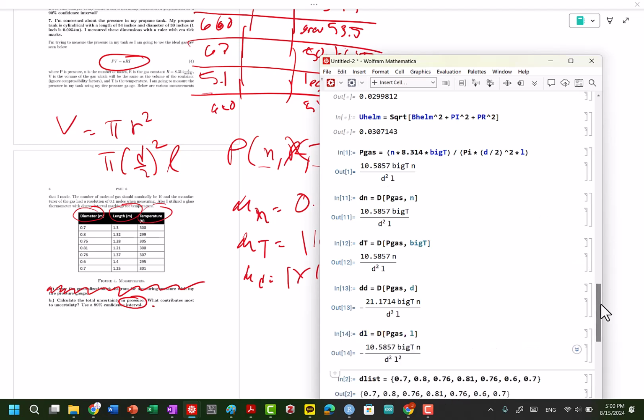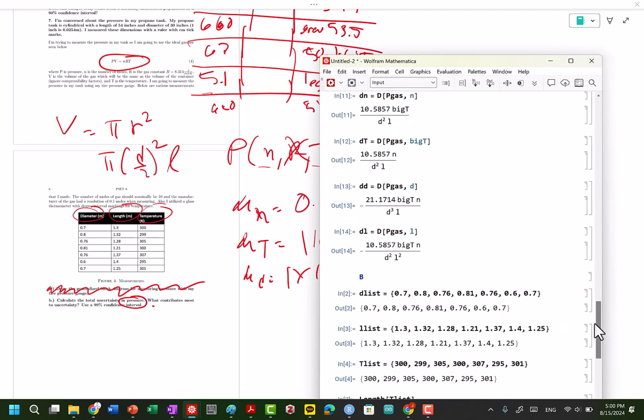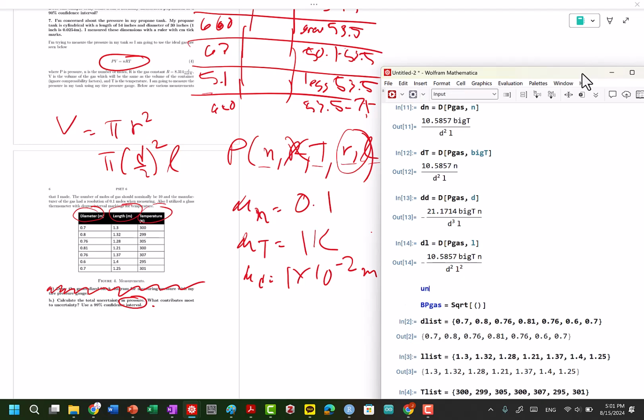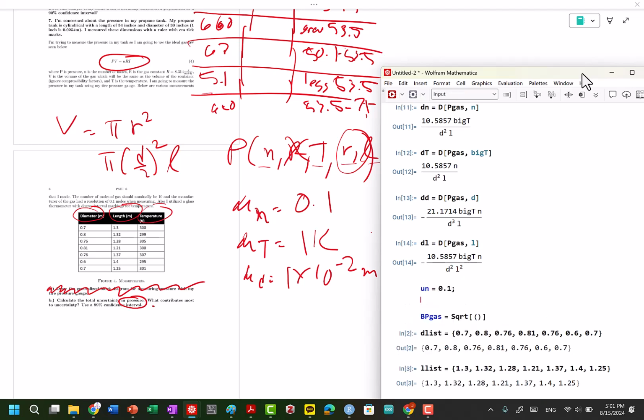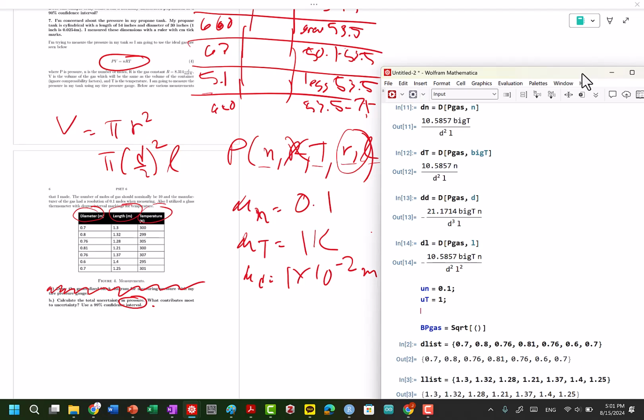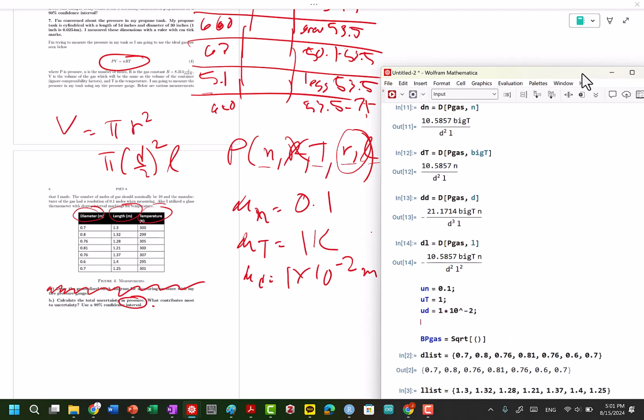All right, so now we can do the bias in P gas, which is going to be equal to the square root of parentheses. We also need to do the uncertainties. Uncertainty in N equals 0.1, uncertainty in T equals 1, uncertainty in D equals 1 times 10 to the minus 2, and uncertainty in L equals uncertainty in D. So let's do uncertainty in D times dd divided by P gas squared.